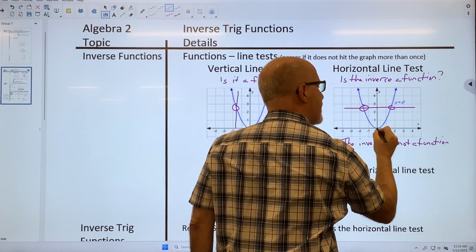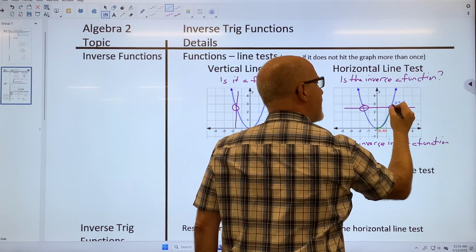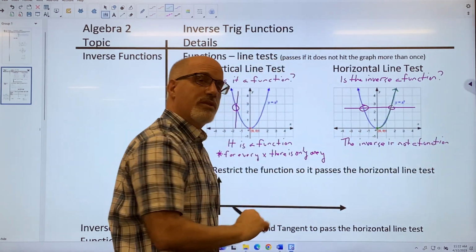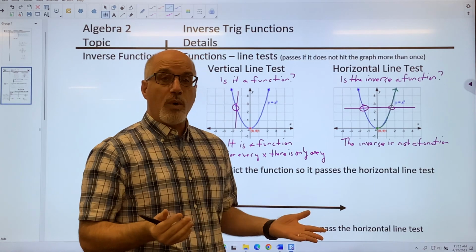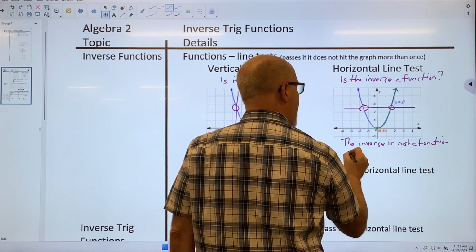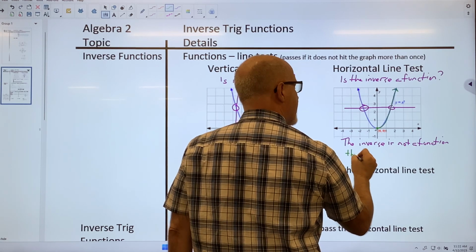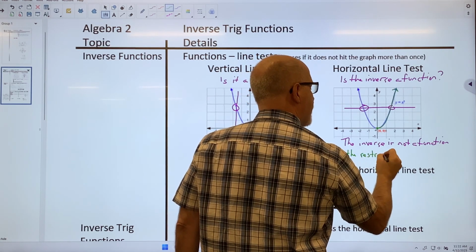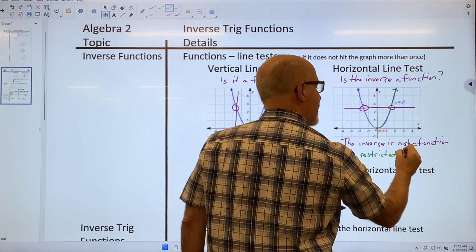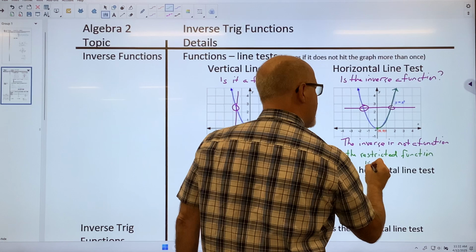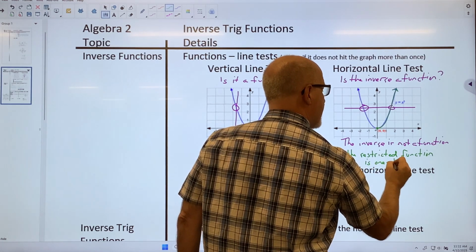And if I start at 0 and go from there and restrict it to just x is greater than or equal to 0, then I've got a one-to-one function. So the restricted function is one-to-one.